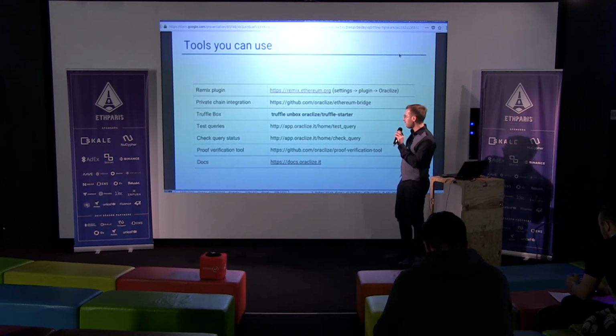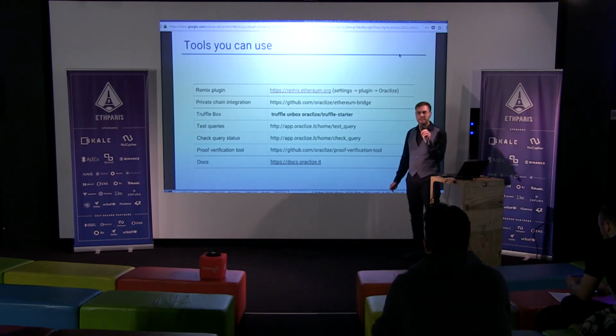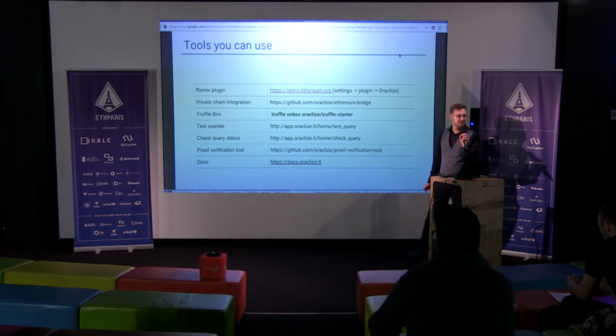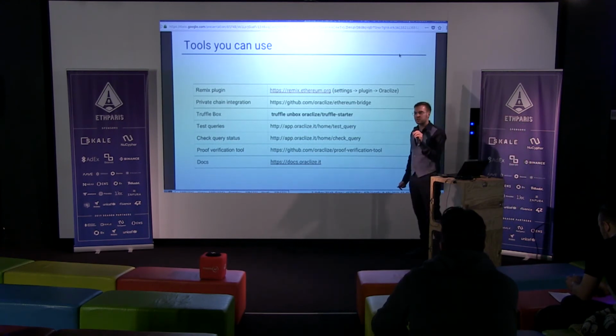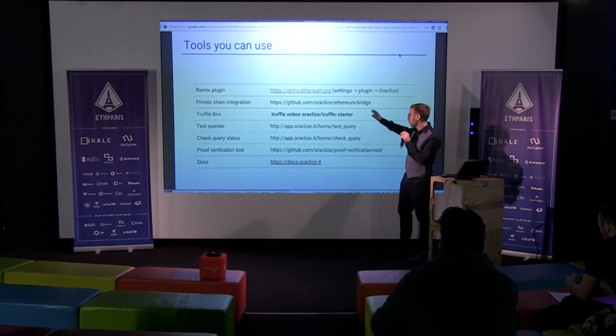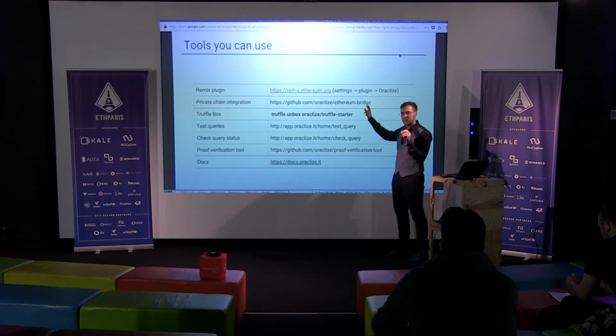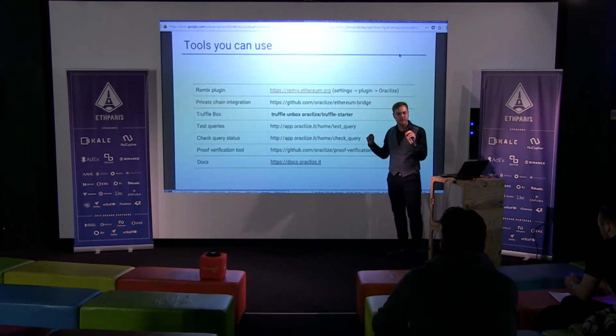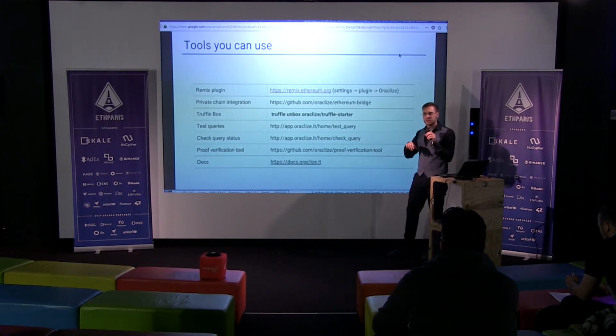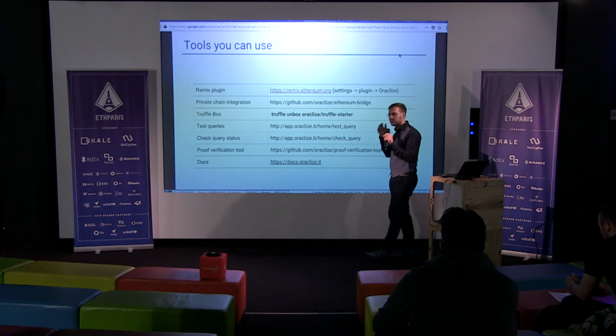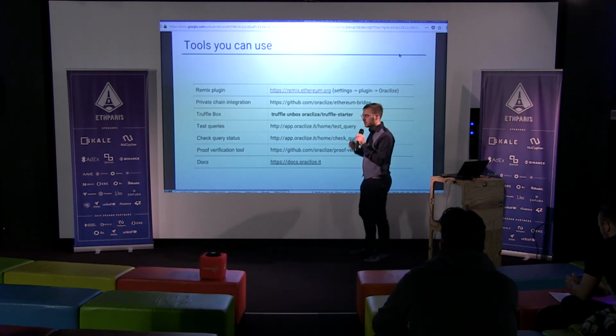If you want to use Oraclize on a private chain, this is possible and is being done by a lot of people, especially during development. You can just download this tool called the Ethereum Bridge. The Ethereum Bridge is a node tool that injects the Oraclize contracts and interface on your local chain so that you can test it in memory or on your own local setup.